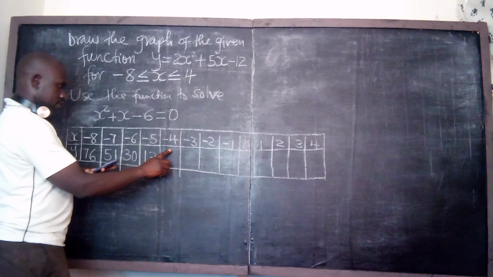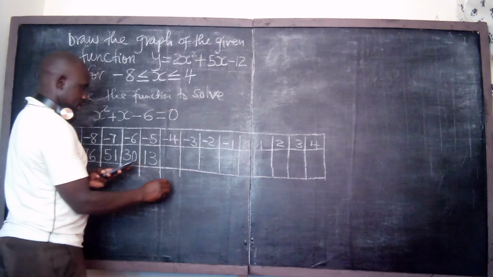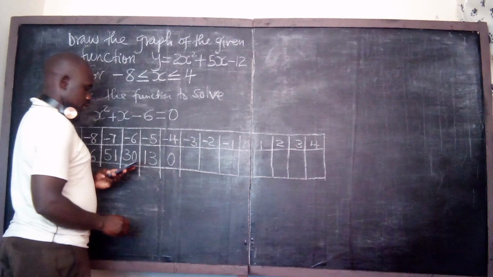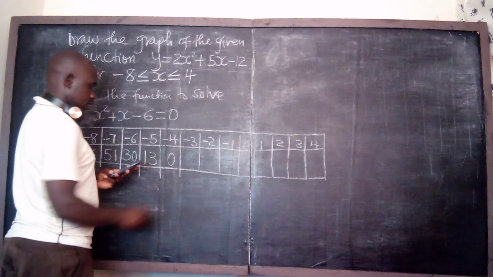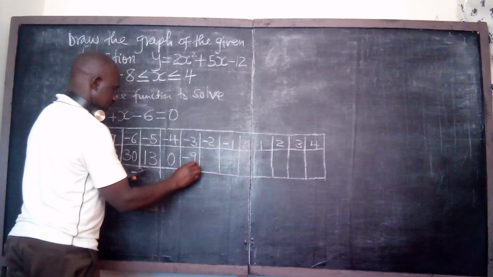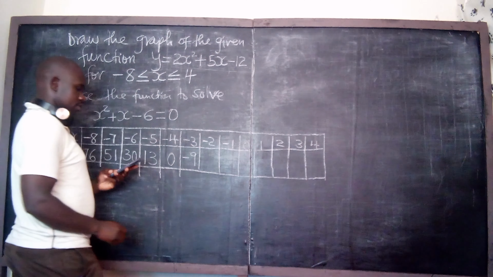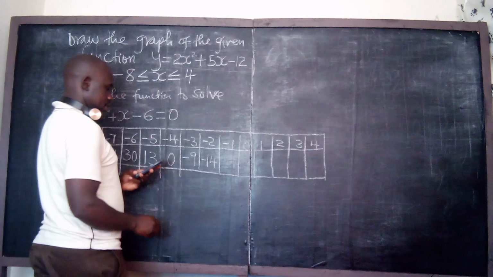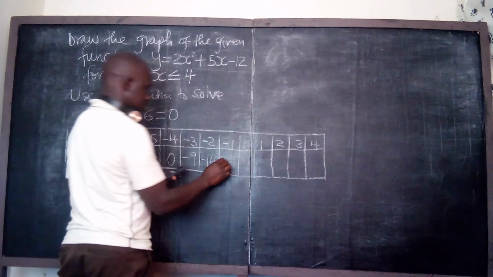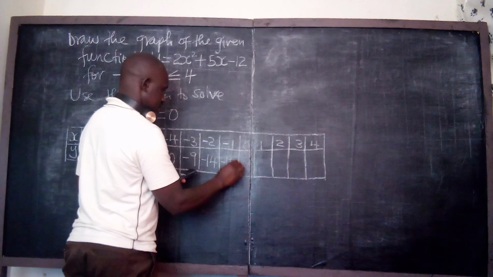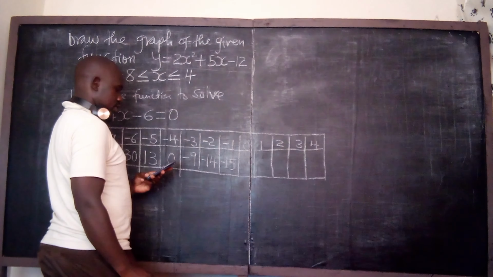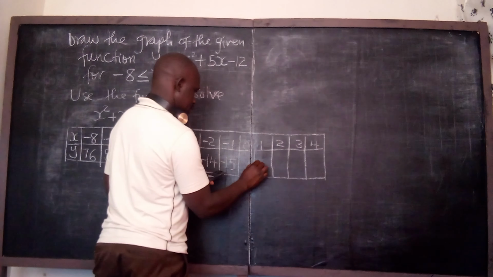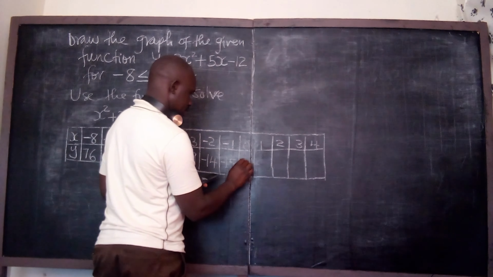When x is minus 4, y is 0. When x is minus 3, y is minus 9. When x is minus 2, y is minus 14. When x is minus 1, y is minus 15. When x is 0, y is minus 12.